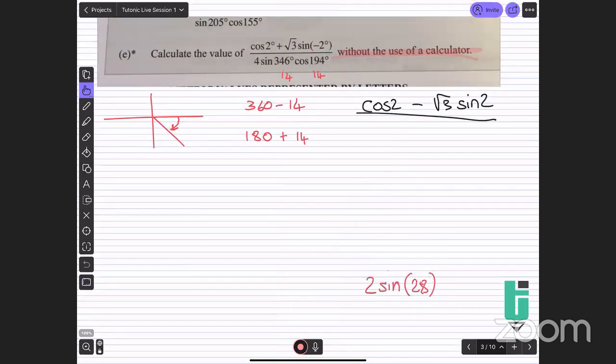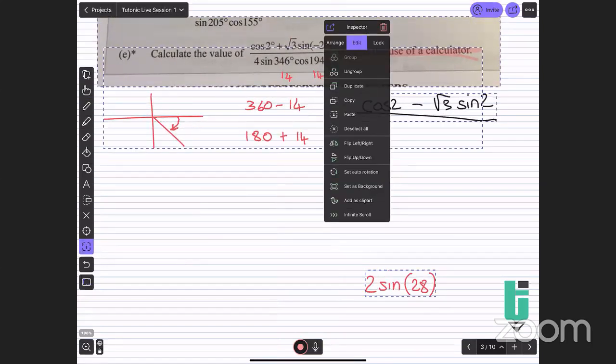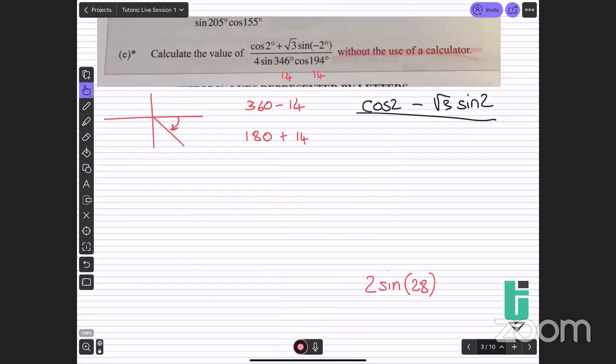Let's ungroup that and bring that there. Now, my question to you is, how can we connect 2 to 28 using a special angle?